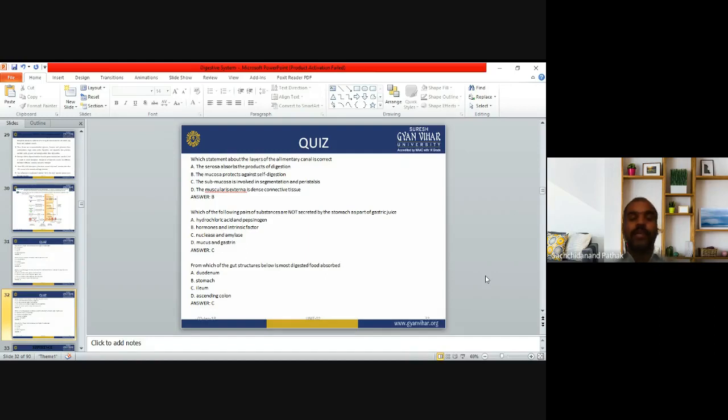So yes, the ileum is the correct answer. D is the ascending colon, which is a part of the large intestine. It also helps in digestion, but you can see that water is most often reabsorbed from this area as compared to food. So yes, C is the correct answer.